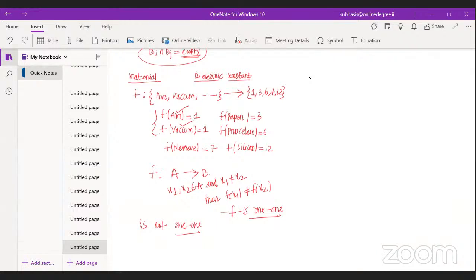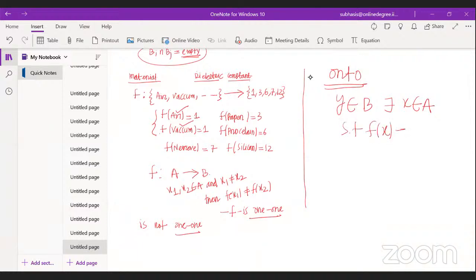For onto, for every element in set B there has to be a pre-image in set A. Exactly. Take any y in B, there should be an element x in A such that f of x is y.